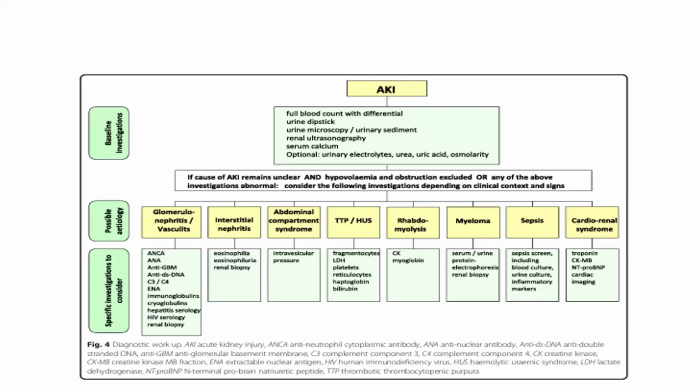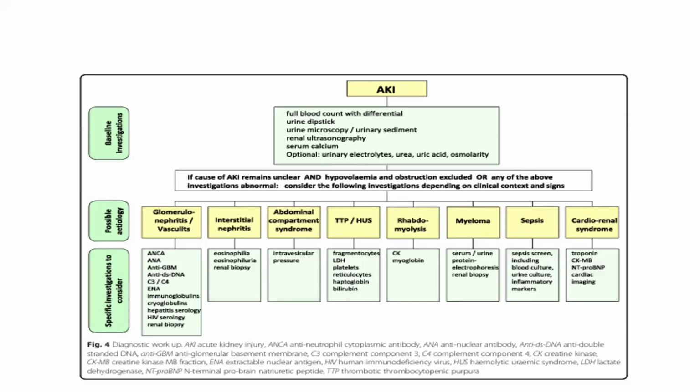Whenever we are dealing with a case of acute kidney injury, we should first send a full blood count with differential, then urine dipstick, urine microscopy, urine sediment, renal ultrasonography, serum calcium, serum electrolytes, urea, uric acid, and osmolarity. If the cause of AKI still remains unclear, hypovolemia and obstruction are excluded, and any of the above investigations is abnormal, then consider the following investigations depending upon the clinical context and signs.